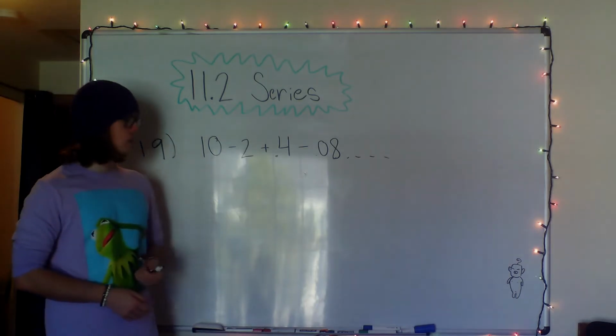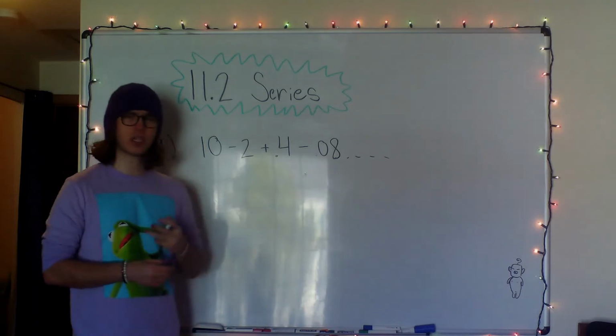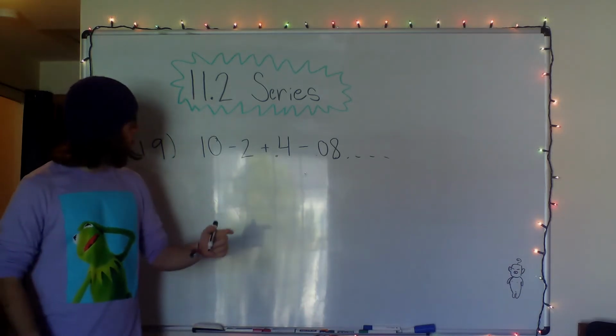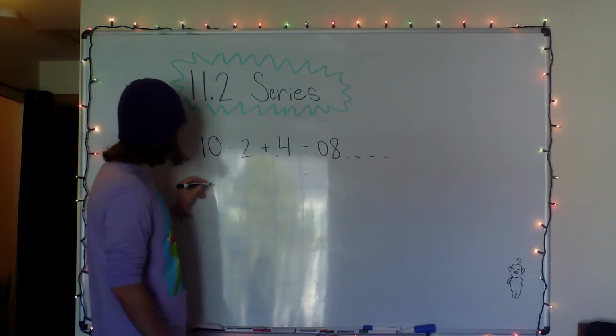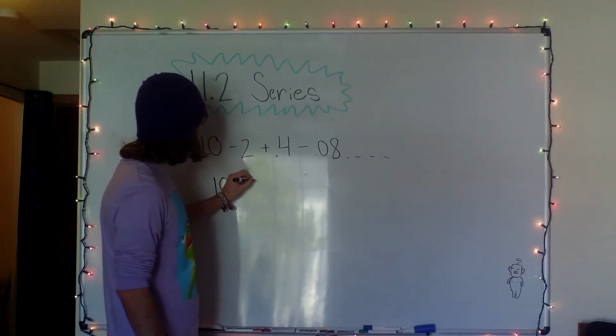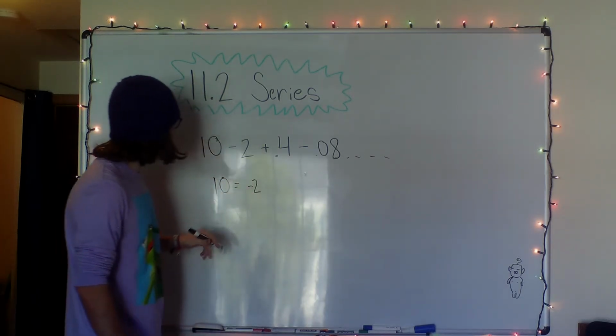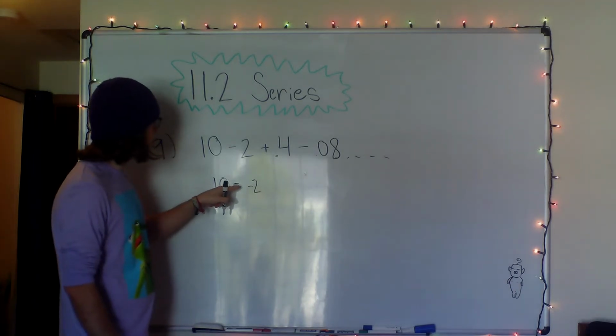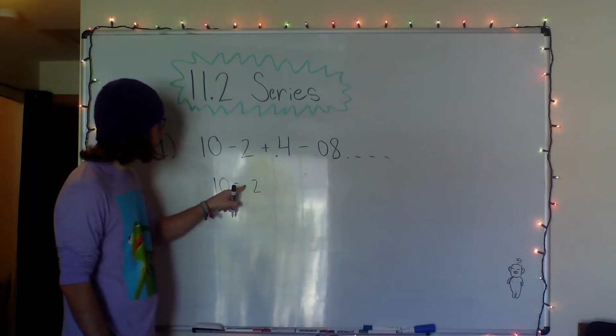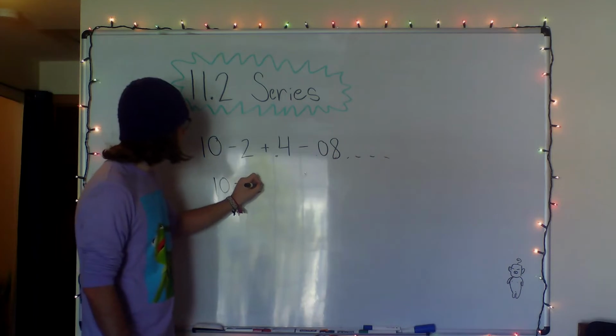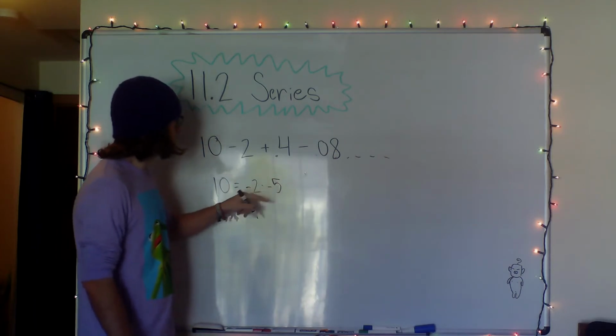So we look at this and we're like, okay, 10 and negative 2. We're going to look at the first ones. Positive 10 is equal to negative 2 times negative 5, or something like that, right?